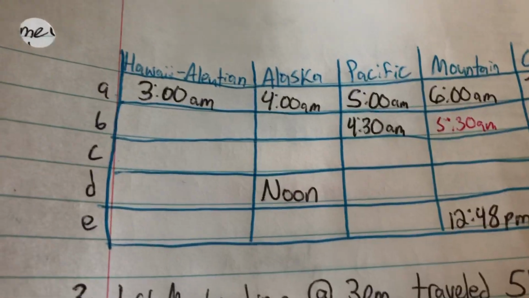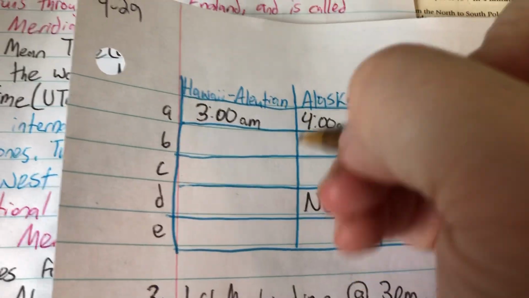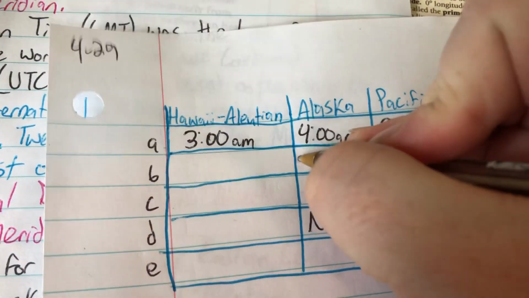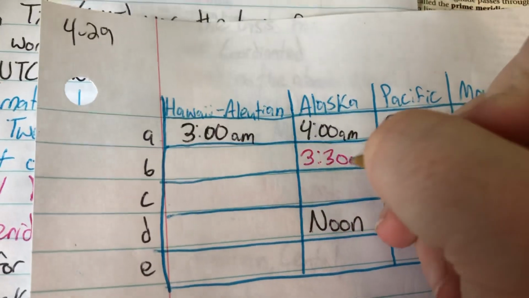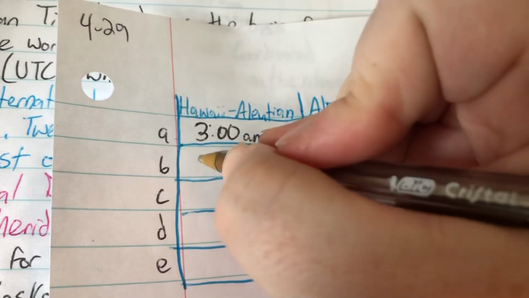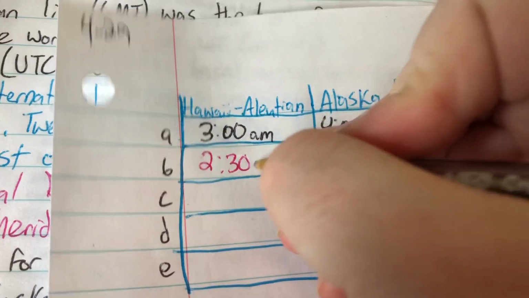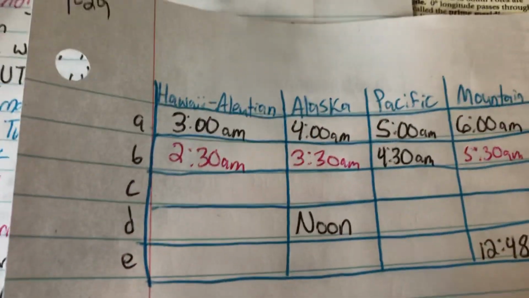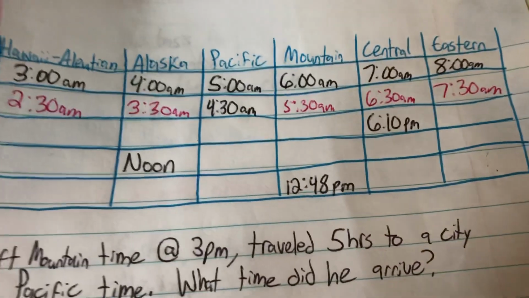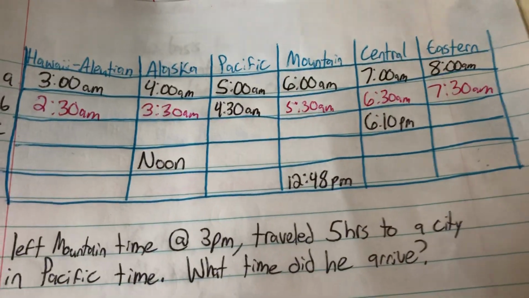Then to the left, I would go back an hour. So this would be 3:30 a.m. in Alaskan and 2:30 a.m. in Hawaiian Aleutian.